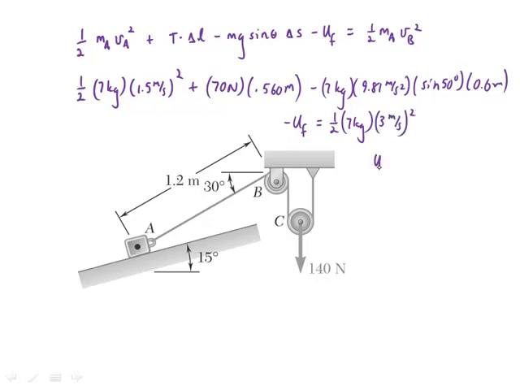When I work that out, I get U due to friction equals 4.94 joules. And that should be 15 degrees, which is what I used.